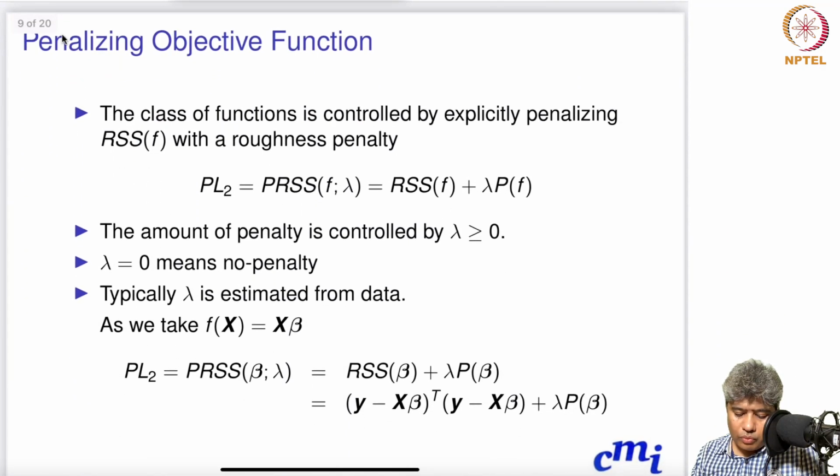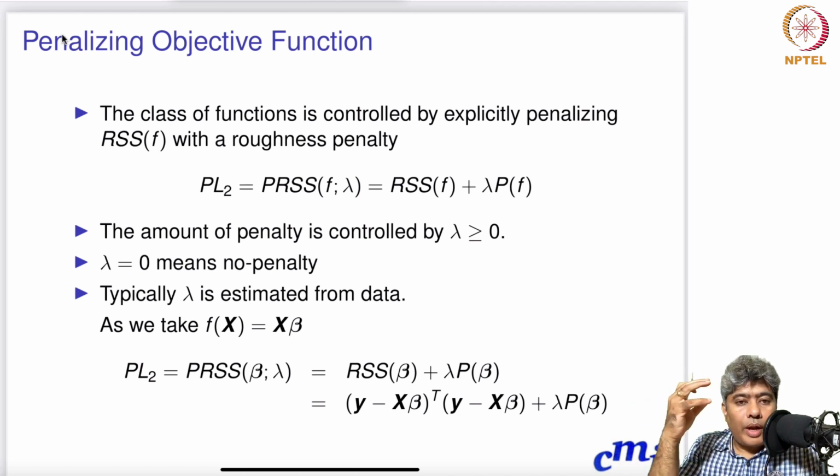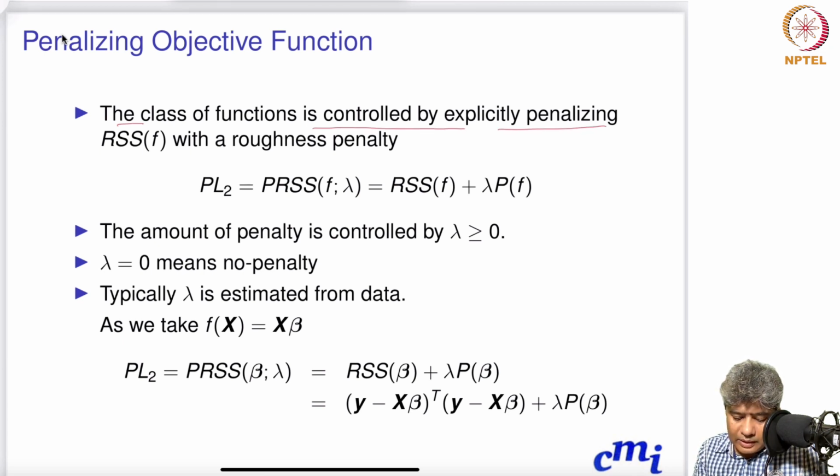How do you find a regularization? You essentially penalize the objective function. You put a restriction on the parameter space of the objective function. That is how you do it. So how does it work? The class of function is controlled by explicitly penalizing the residual sum of squares of f with a roughness penalty.